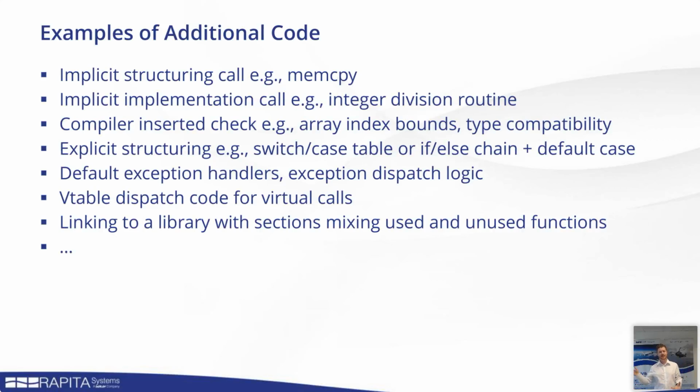But it may be the case the linker's pulled in a library and there are functions in that library that aren't called, therefore that code doesn't trace to your source code, it's not been verified. And as a result, you have object code in the executable itself that doesn't trace directly to your source code. Ultimately, the object code itself is what you're flying, what goes into your production systems.